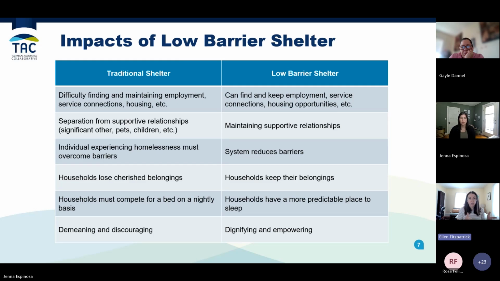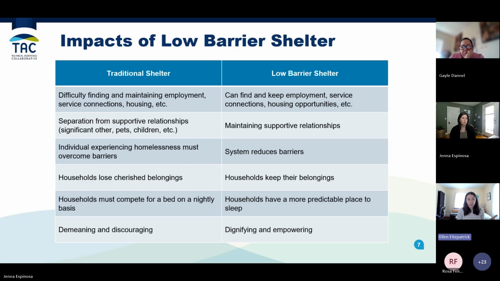So this sort of traditional model sometimes means that people are separated from the folks or the pets that they are close to, that really help them to maintain emotional stability and navigate the difficult time that they're experiencing.